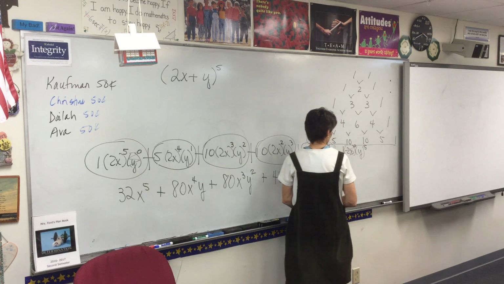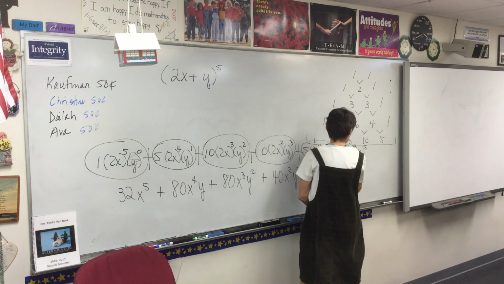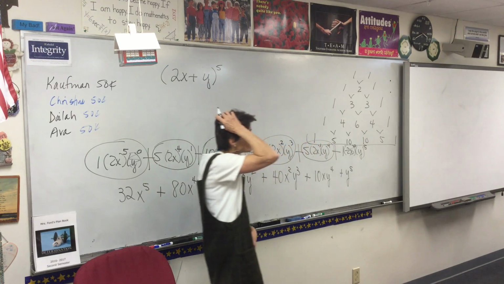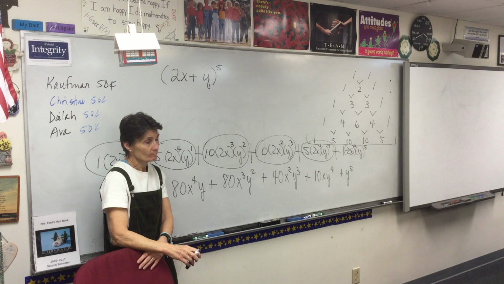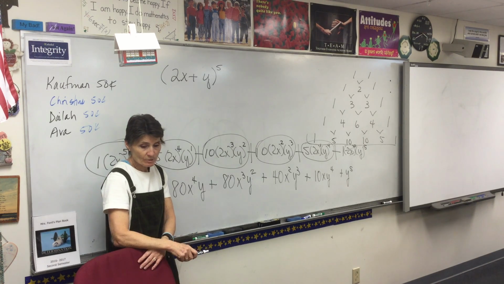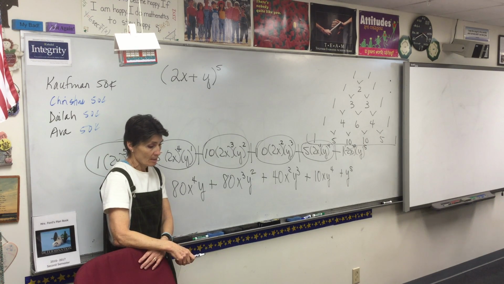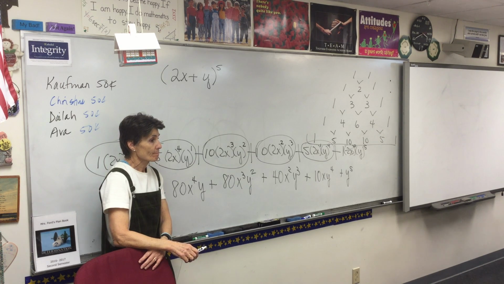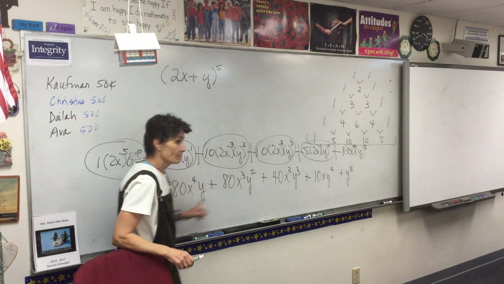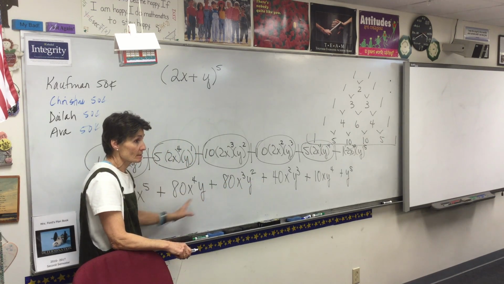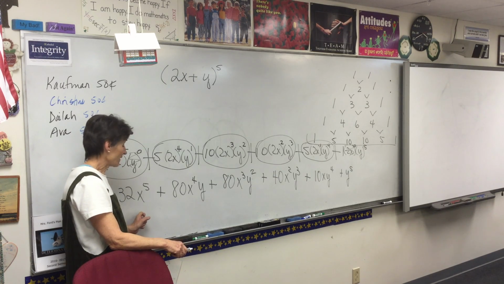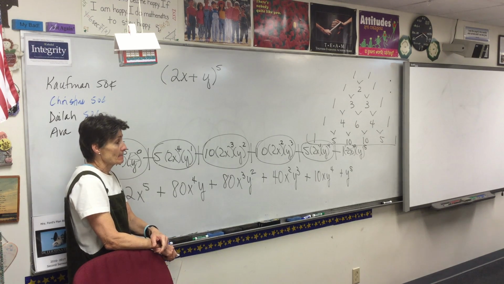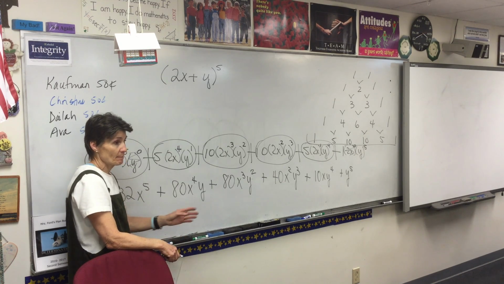That's just 1, so the last term is just y to the 5th. Got it? Anything else of those 7 problems that we might miss? So we don't have to simplify that? That is simplified. There's nothing else you can do with this. That's the final answer. It is completely simplified.